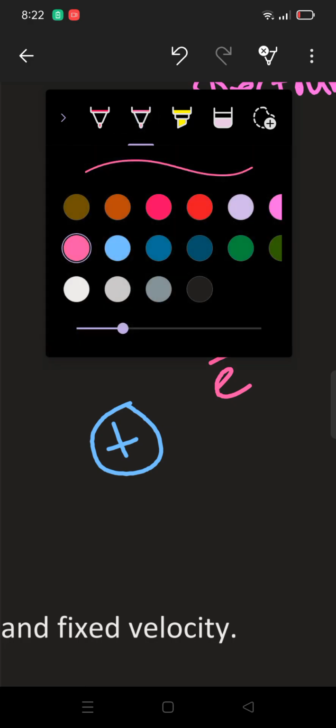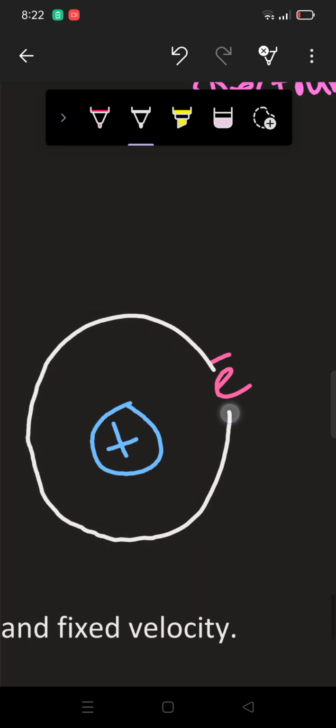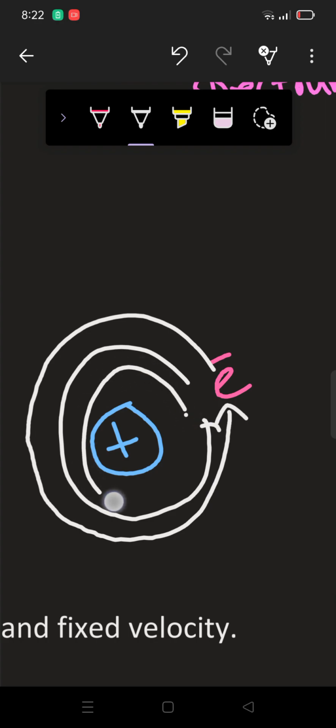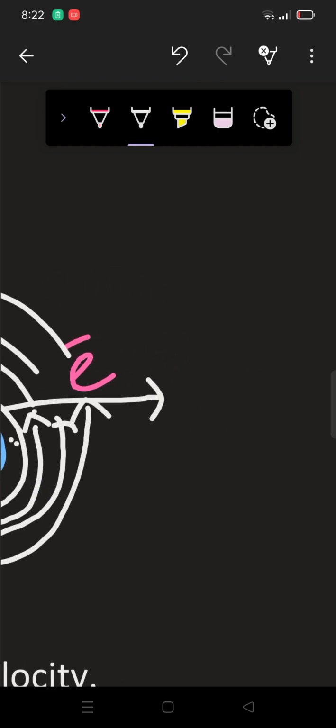Means according to Rutherford, the electron can revolve here as well, here as well, and here as well. Because of that, there must be repulsive forces, right?